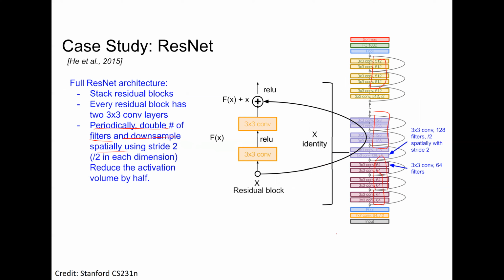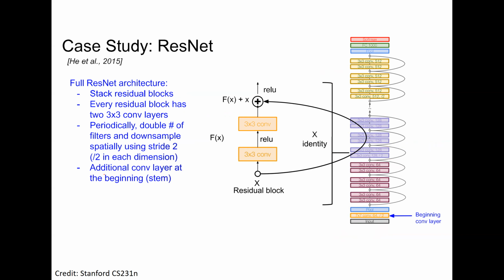Let's say the input size was 512 by 512. Then after this layer, the size becomes 200 by 200 like this, and 64 by 64 like this. So the spatial dimension decreases, however, the number of channels increases.